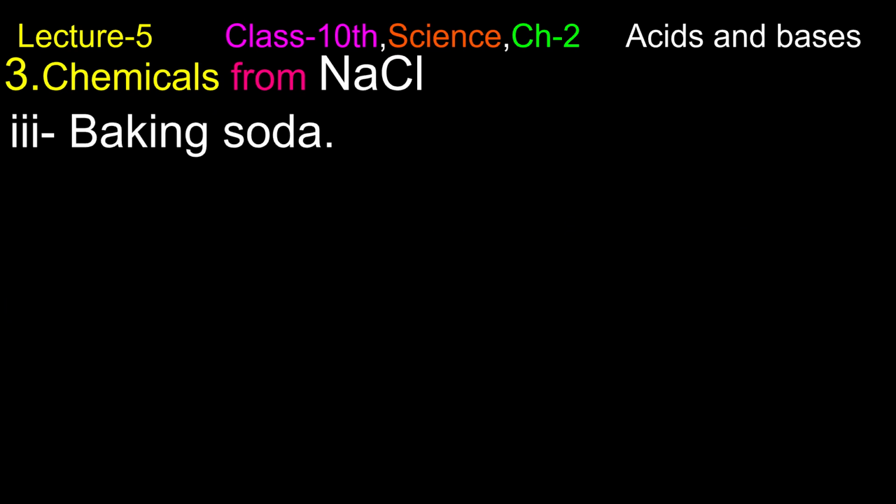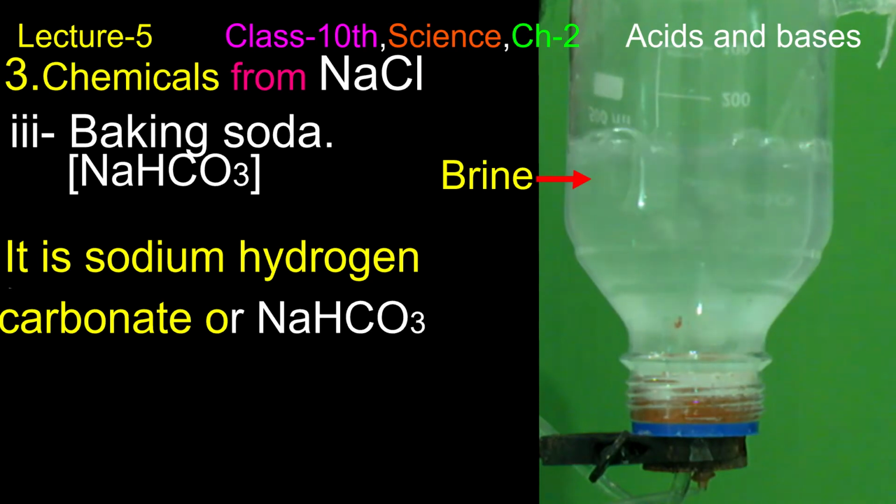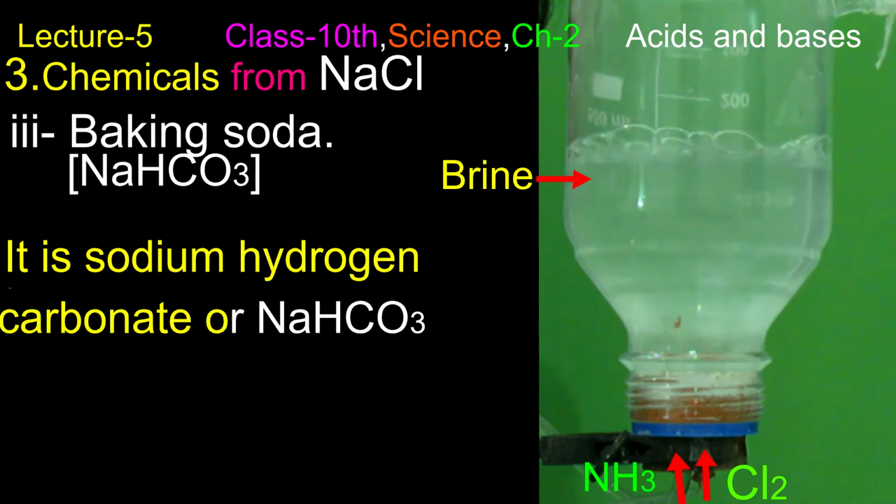Next is baking soda. Baking soda is sodium hydrogen carbonate. It is prepared by passing carbon dioxide and ammonia gases through brine. As I told you, brine is the aqueous solution of sodium chloride.